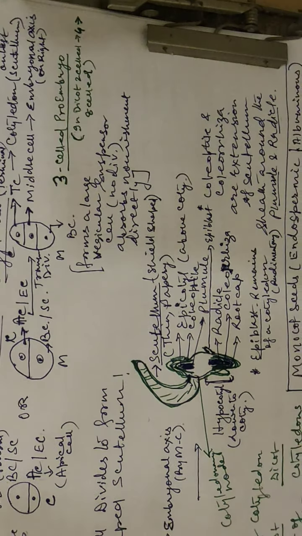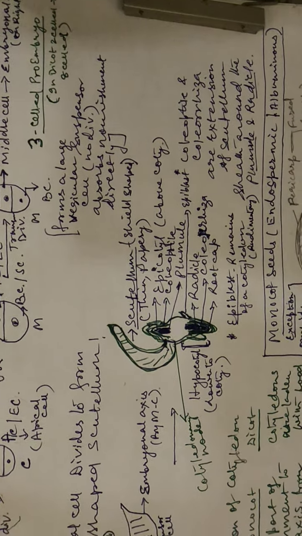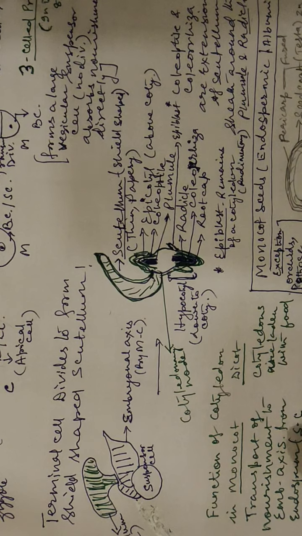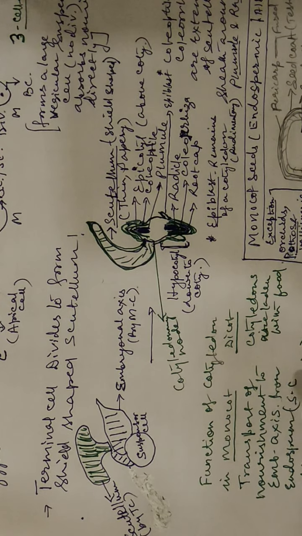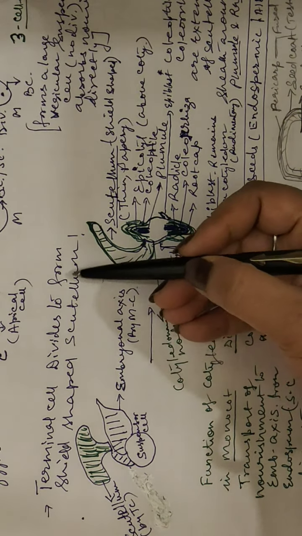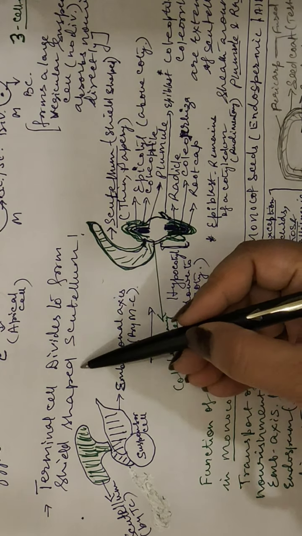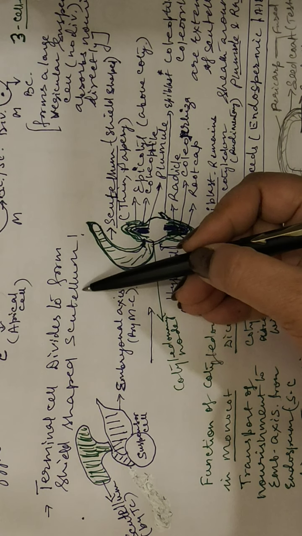Now let us move on to the terminal cell, how it behaves. Now this terminal cell divides to form the shield-shaped cotyledon, which is called scutellum.